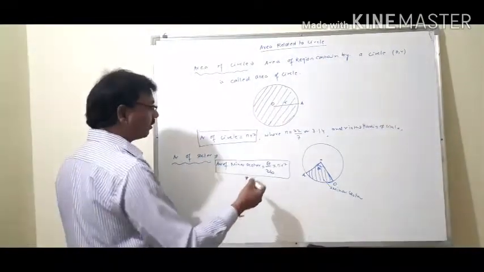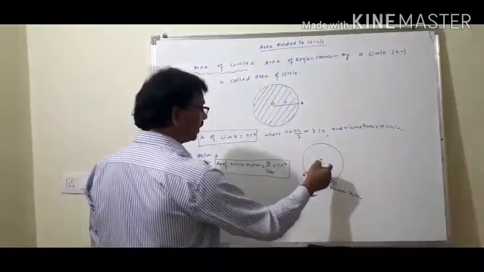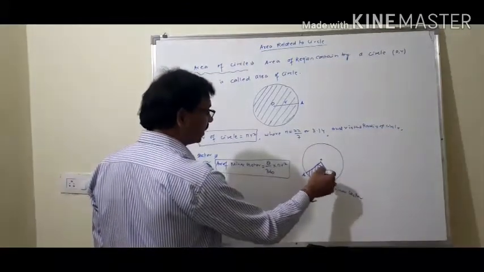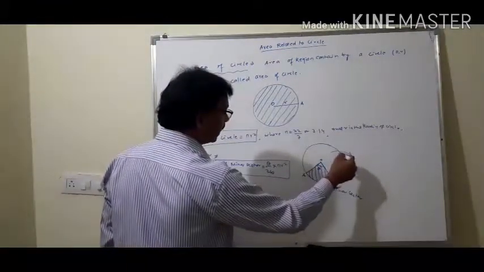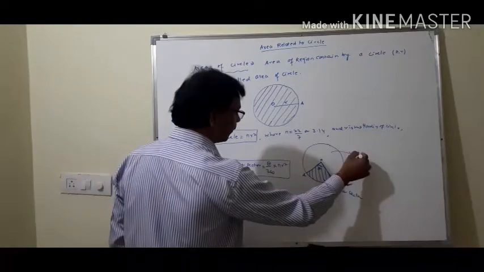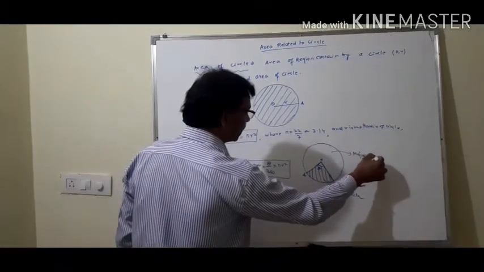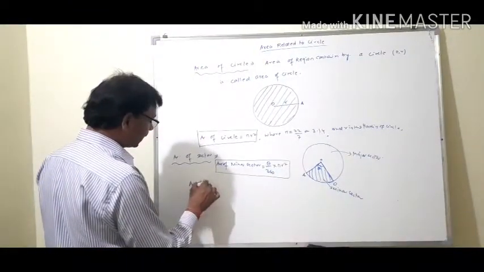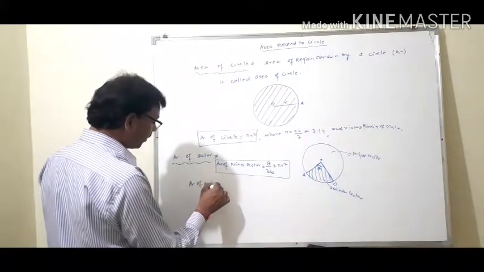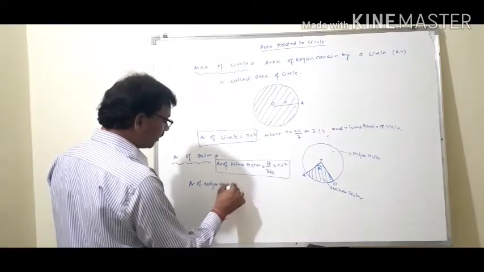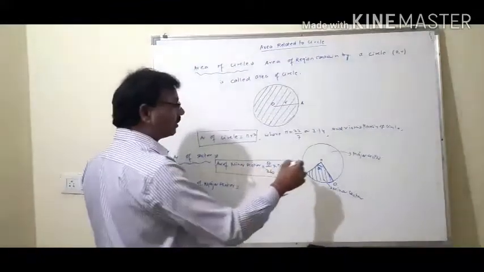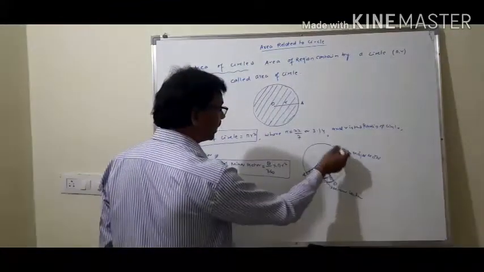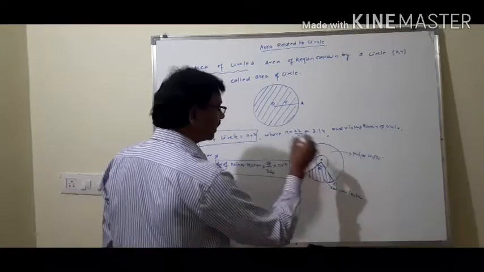But if anyone wants to find the area of this other portion, that is, what is left after the minor sector, then this area is known as the major sector. The area of the major sector will be equal to theta upon 360, where theta is the angle obtained by this major arc at the center of the circle.